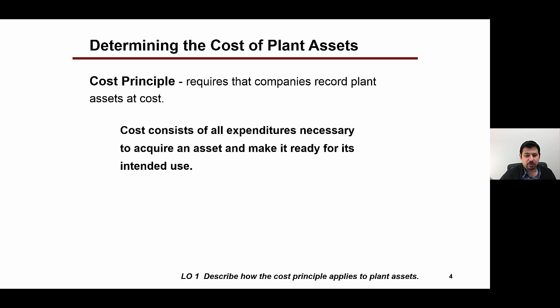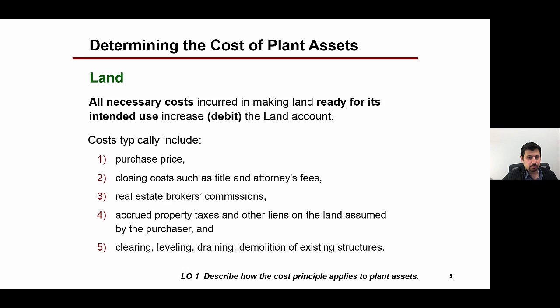For example, if the company purchases a certain machine, the cost would include the machine, the purchase price itself, in addition to installation, shipping, sales taxes, etc. And as a result, the company will report that asset at cost, which includes all these individual payments.